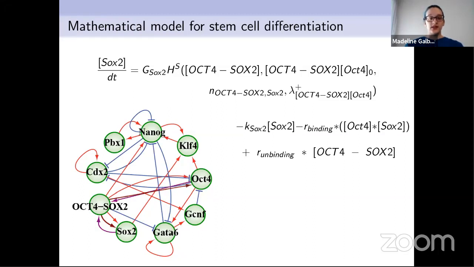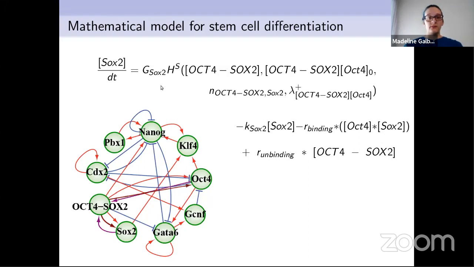For instance, the activation of GCNF by GATA6. The blue links indicate inhibition, such as the inhibition of NANOG by GATA6. And then the purple links indicate the binding of SOX2 and OCT4 to the dimer, and the reverse is indicated by the brown arrows.